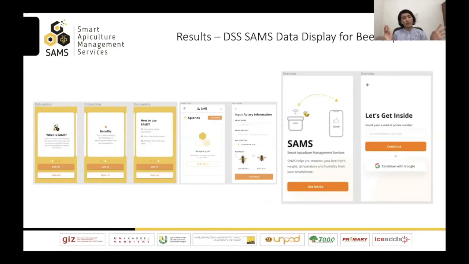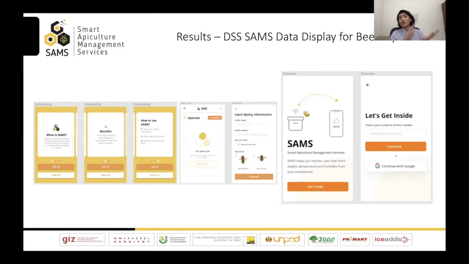On the left side, you can see the first iteration of the interface, the smaller pictures. Here you can see what the beekeepers see when they log in or download this application. Basically they can see what it is, its benefits and how to use it, and then they can log in. But when we did the usability testing with our users, the beekeepers, they said that this is too much information and it's kind of confusing for them.